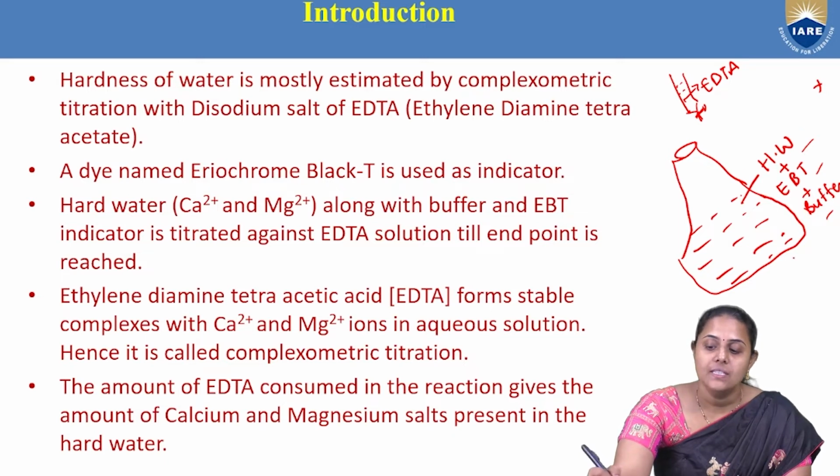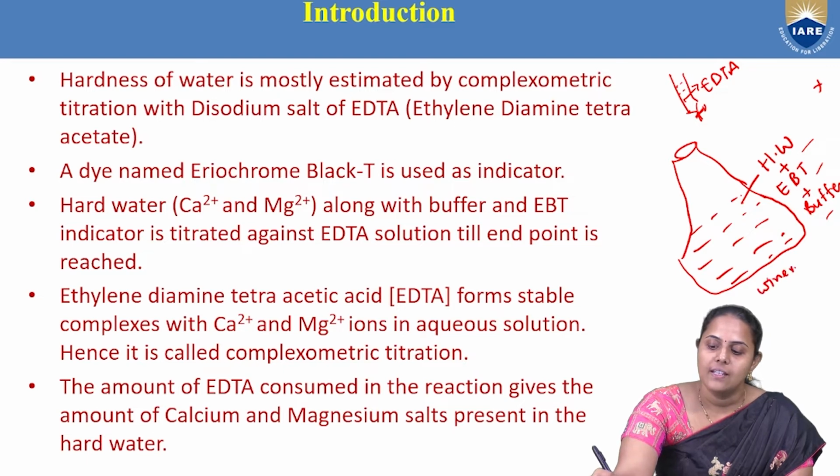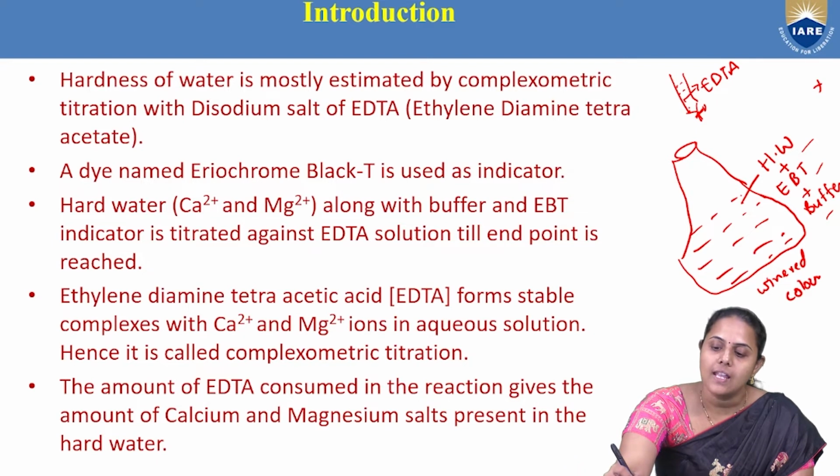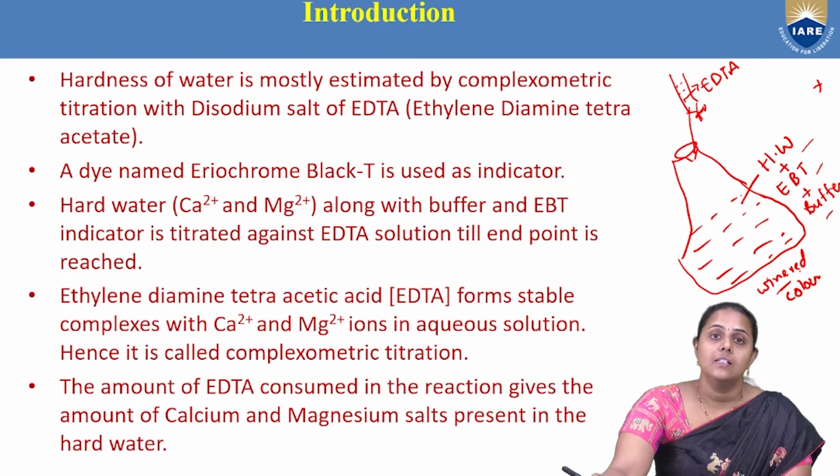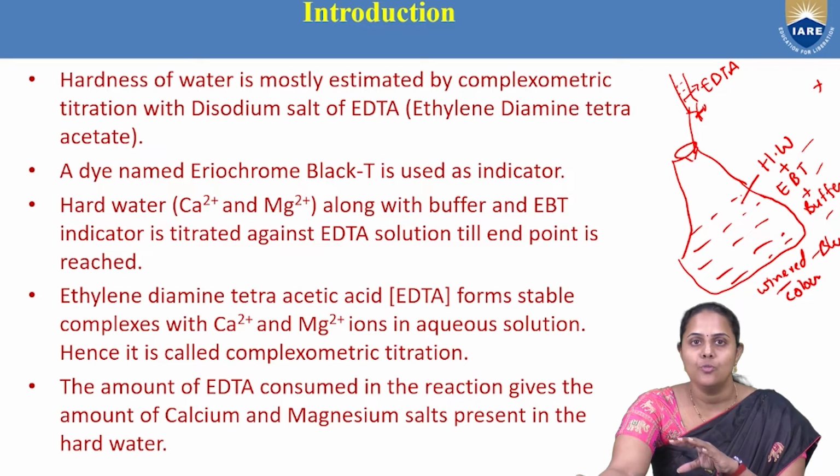Now, what will happen in this conical flask? It will be wine red in color. Once you start adding EDTA to this solution, this wine red color will turn into blue color, indicating that the experiment is done and you have to stop adding EDTA.